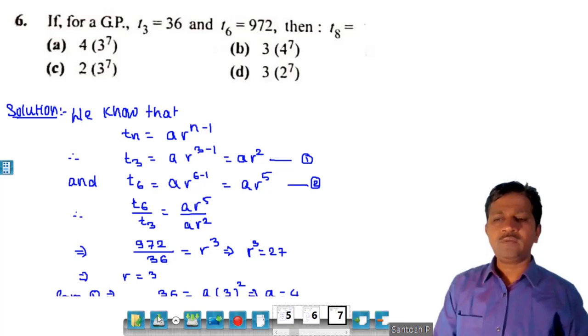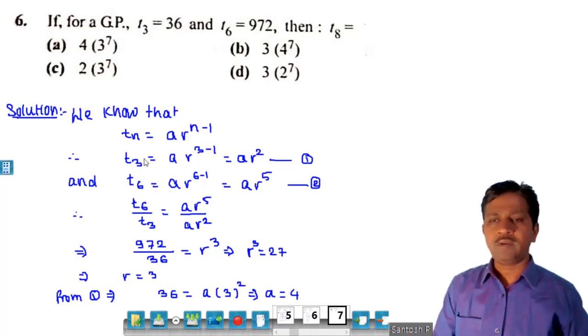Now using the first equation, I can obtain the value of A. In the first equation, I will put the actual value of T3, which is 36. Then A as it is, R is 3, raised to 2. Solving, 3 squared is 9. Divide by 9 and you'll get A equals 4.